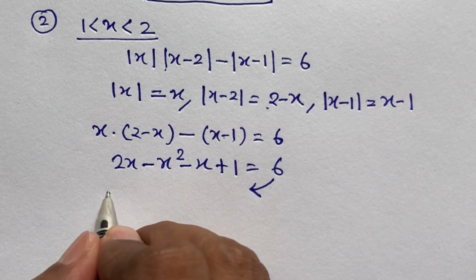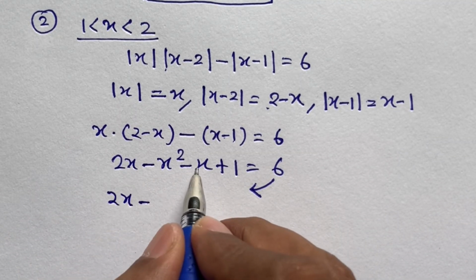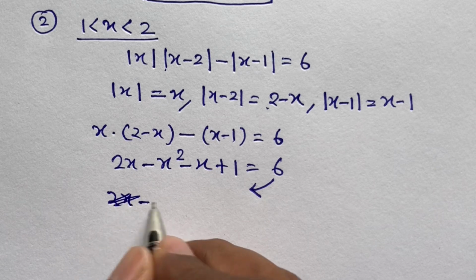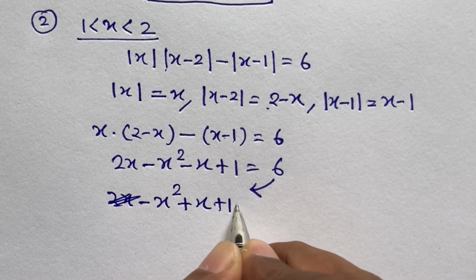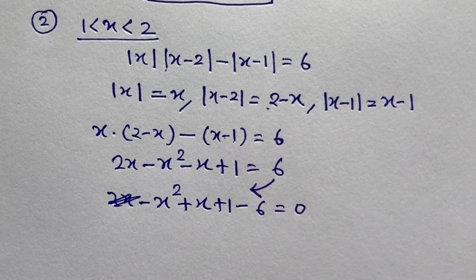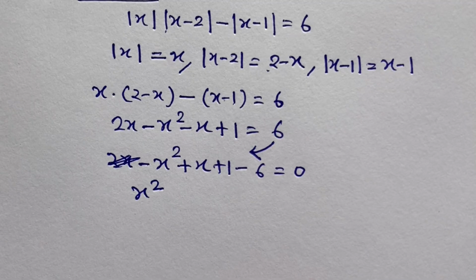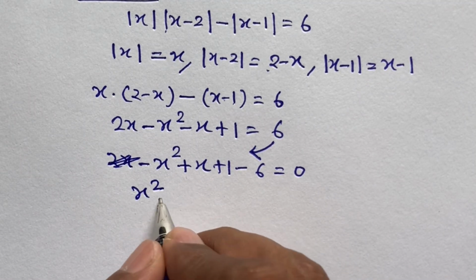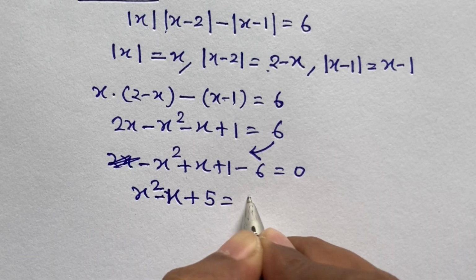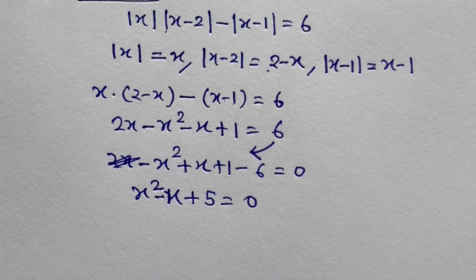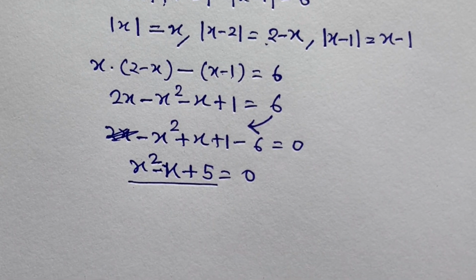So the equation will be 2x − x is x, so −x² + x + 1 − 6 = 0, or x² − x + 5 = 0. So our equation has been simplified to x² − x + 5 = 0.